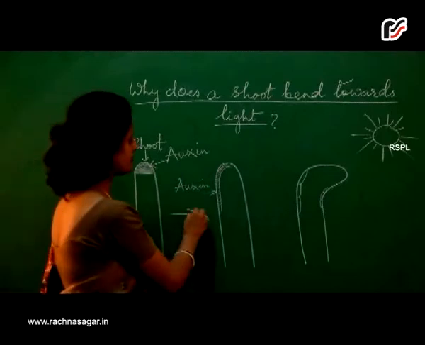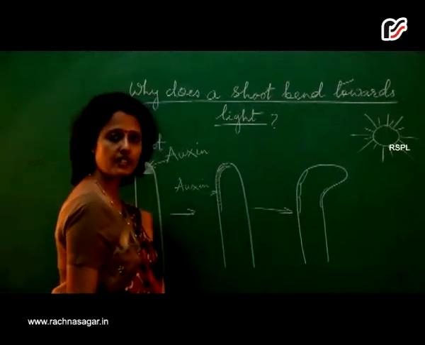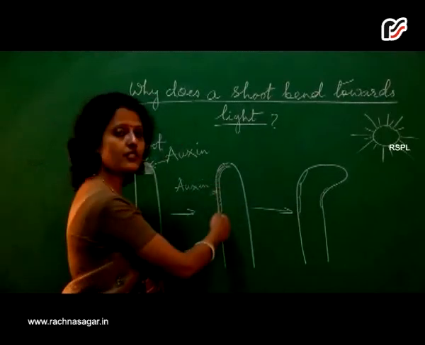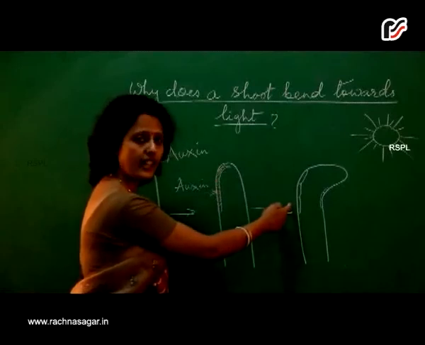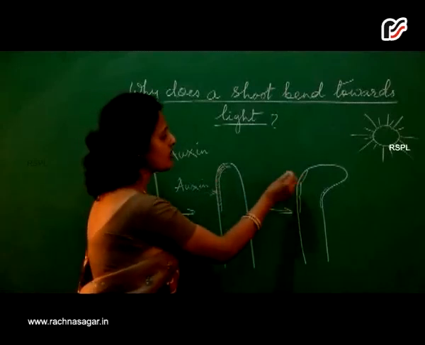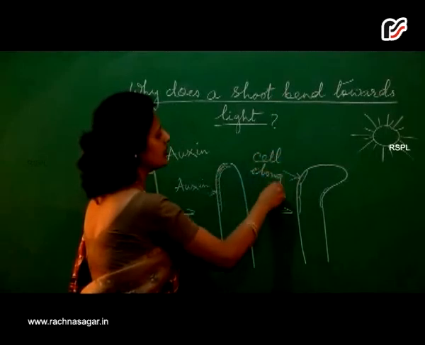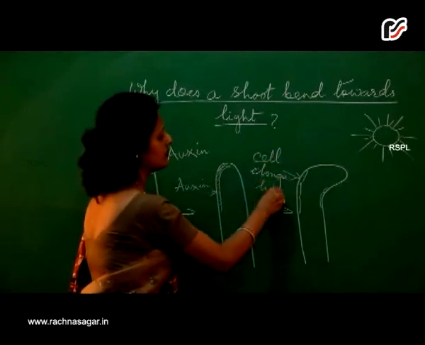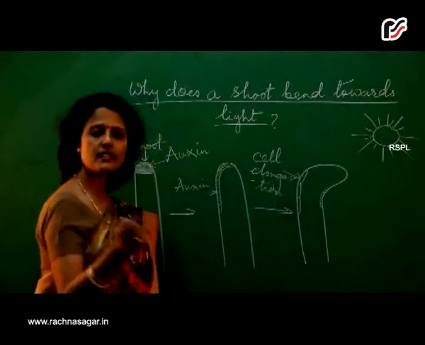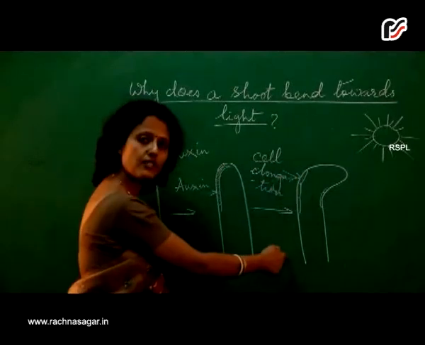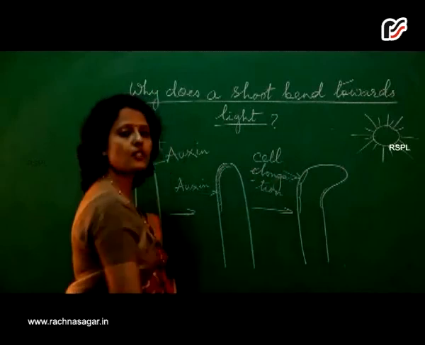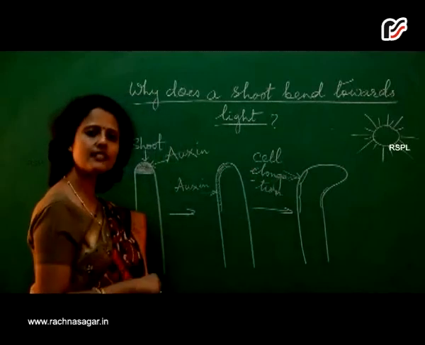As a result, in the next stage, what do we see? The auxin which has accumulated on the shady side brings about rapid cell elongation on this side of the shoot, whereas the cells on the other side remain normal in size.